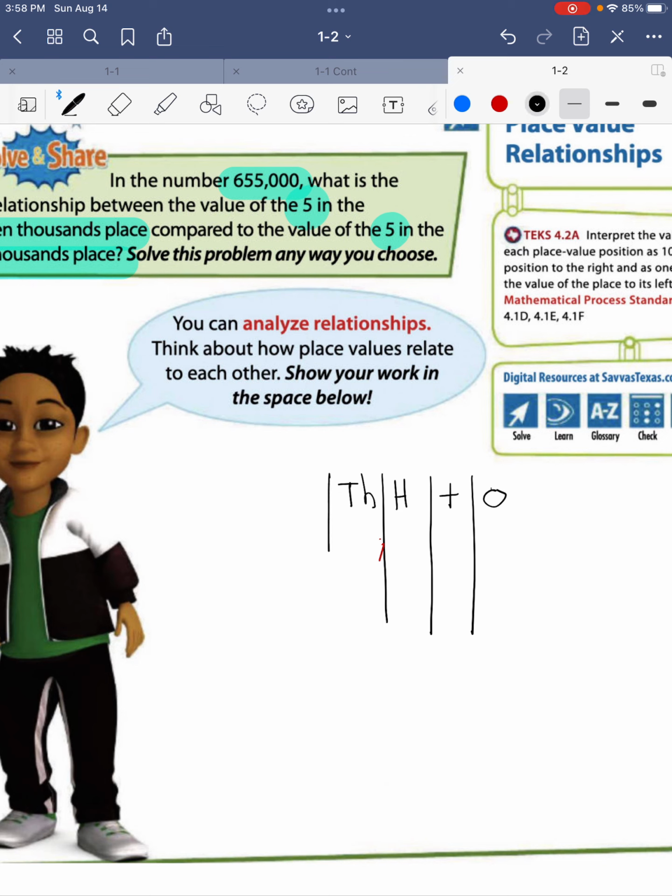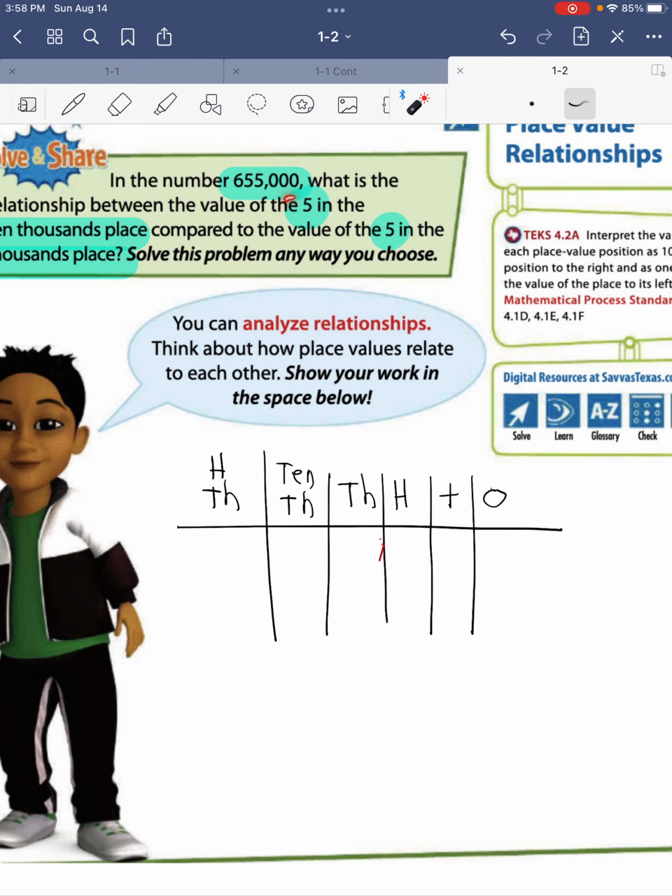And then I have 10,000. And then I have 100,000. Okay, now I'm going to put my number in. I'm going to start with the zeros over here. So I have 0, 0, 0, comma, 5, 5, 6.